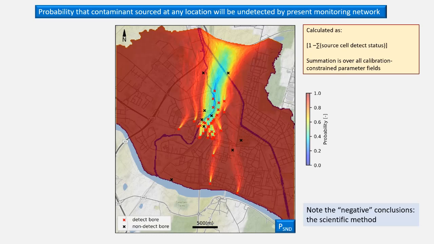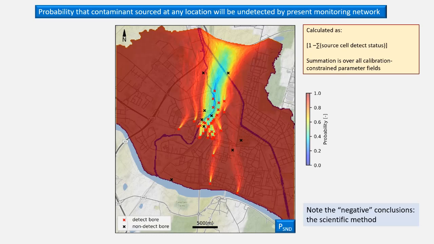In this case, I'm taking those detect statistics and I'm calculating 1 minus detect statistic awarded to each particle, each model cell over all 300 realizations. And you can show that what we can calculate is a probability distribution for each cell. I'm calling this PSND.